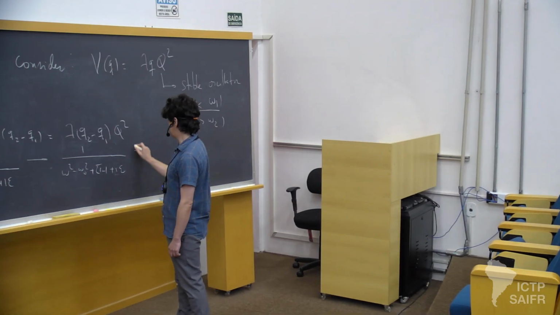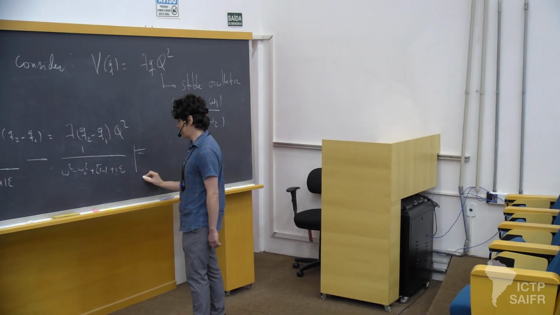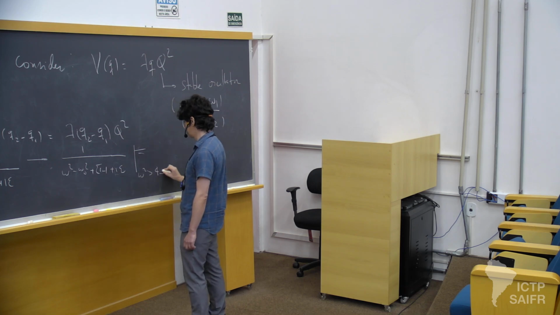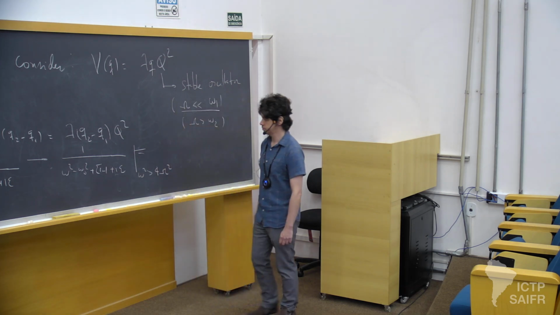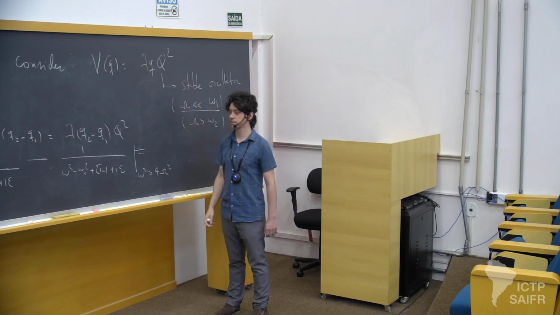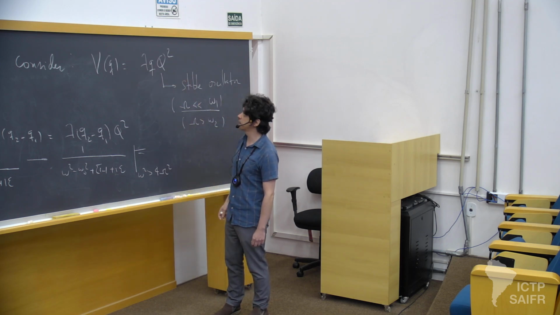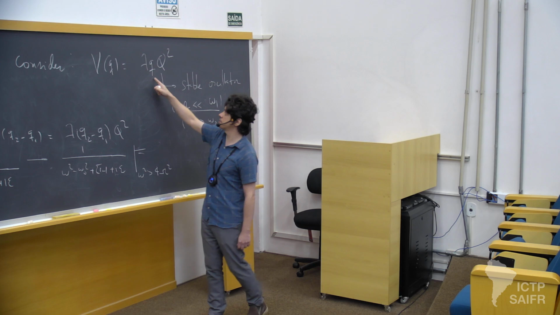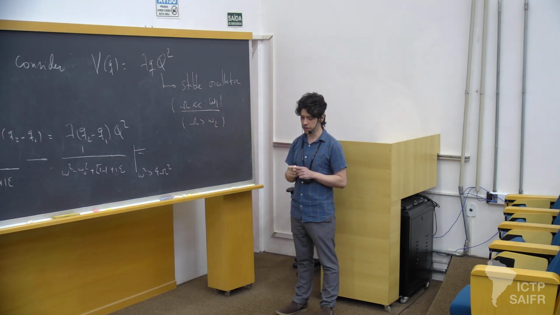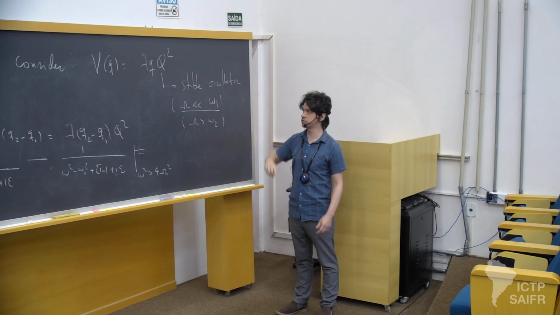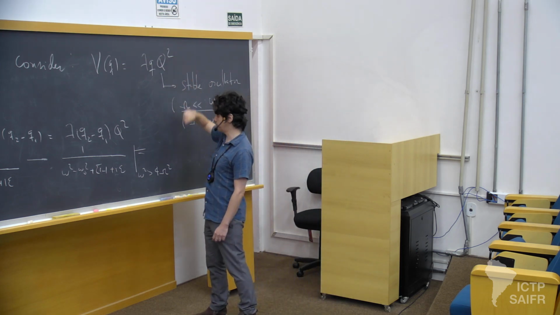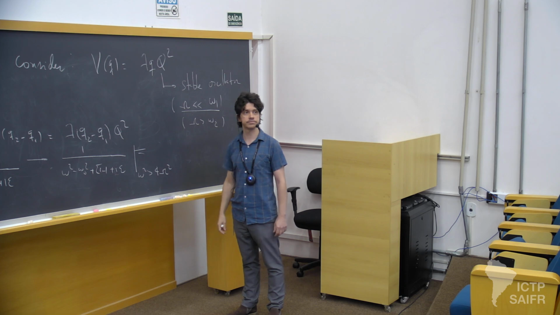This imaginary part, as you can show, happens for frequencies greater than 4 omega squared. It's 4 because I put a Q squared here. So you can imagine this guy here as an unstable particle decaying into all these stable oscillators. If it was a cube here, then it would be a 9 here.